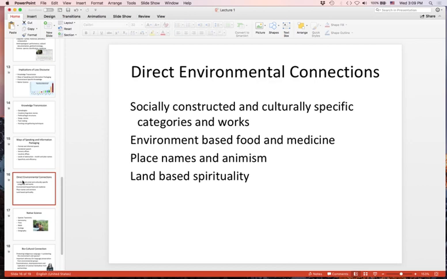Again, direct environmental connections for thinking about how language can be descriptive. Place names are another good example. In the U.S., we may call something by a name, whether it's the name of a city or the name of a mountain, and that name may convey information, and it really may not.